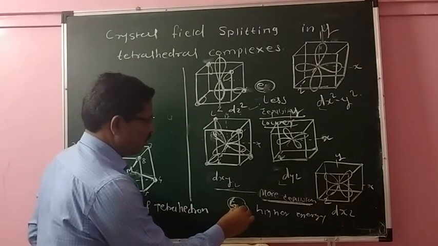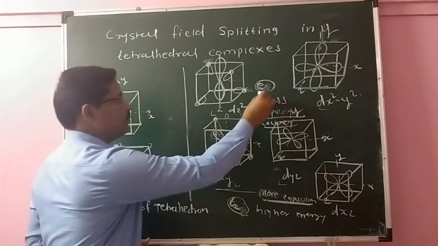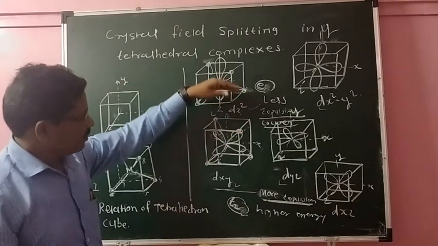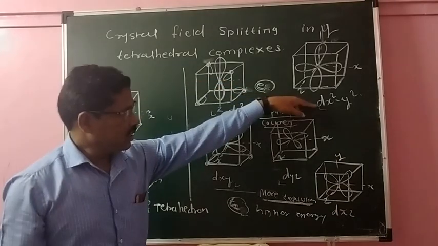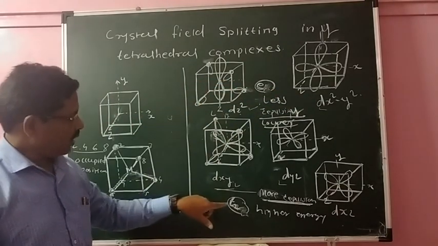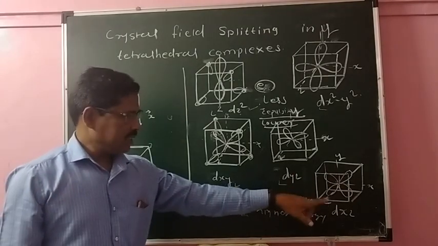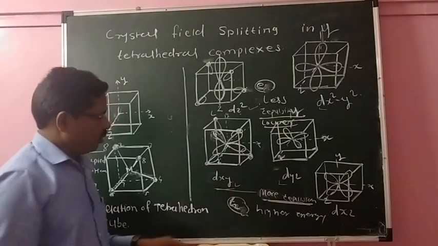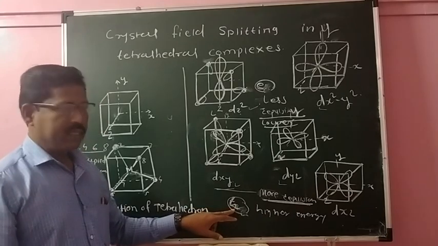T2 means triply degenerate, and E means doubly degenerate. E, doubly degenerate, means two orbitals, dz square and dx square minus y square. Triply degenerate means dxy, dyz and dxz orbitals.